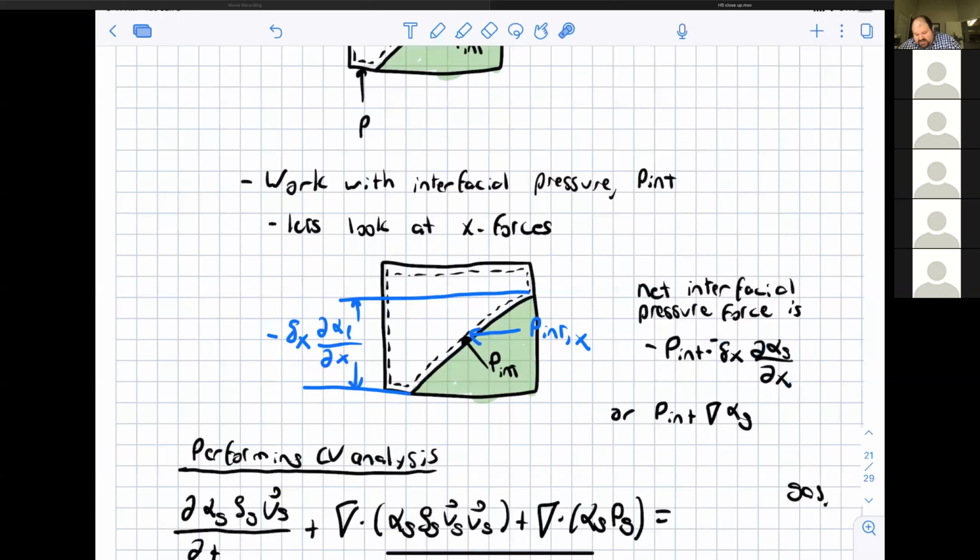And then if you extend that to multi-d, take the limit as delta x goes to 0, all that good stuff, what you wind up with is the net pressure force on this face is this interfacial pressure times the gradient of the volume fraction of that phase. Again, you need to do a more formalized Reynolds transport theorem analysis to very formally derive that term, but it's there. It's also there the other way.